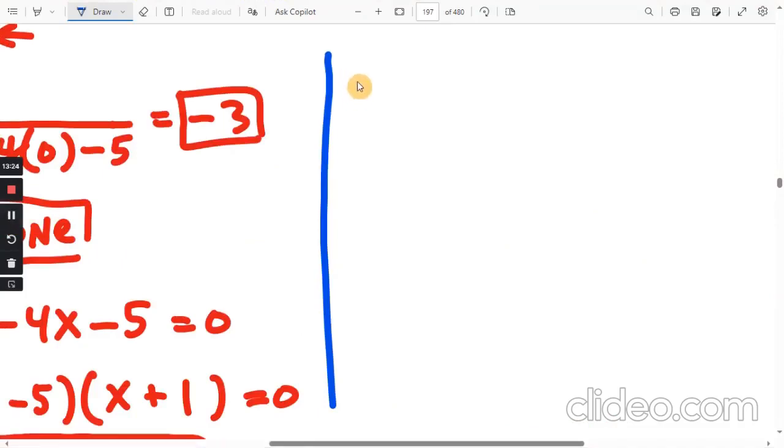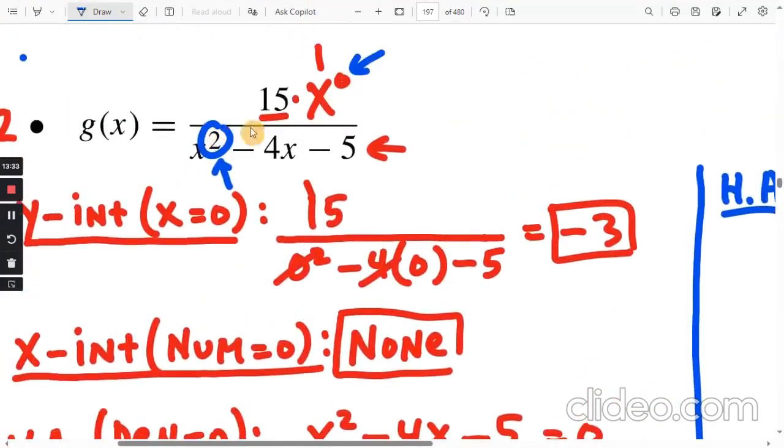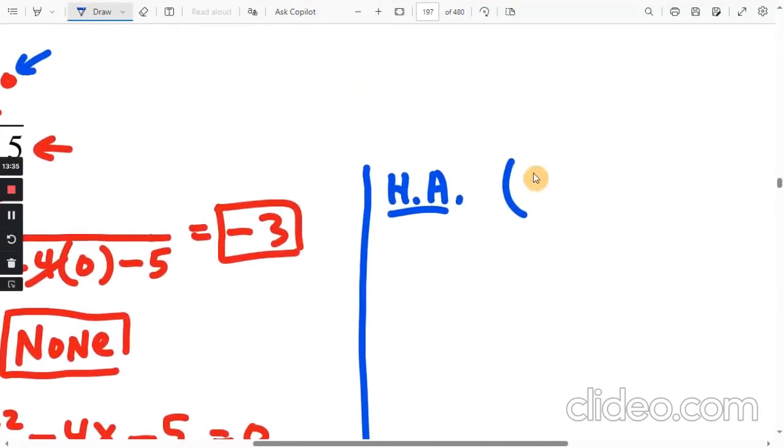All right, so for the horizontal asymptote, we said the degree of the denominator is greater than the degree of the numerator. So what happens in that case? Let's look at the notes.